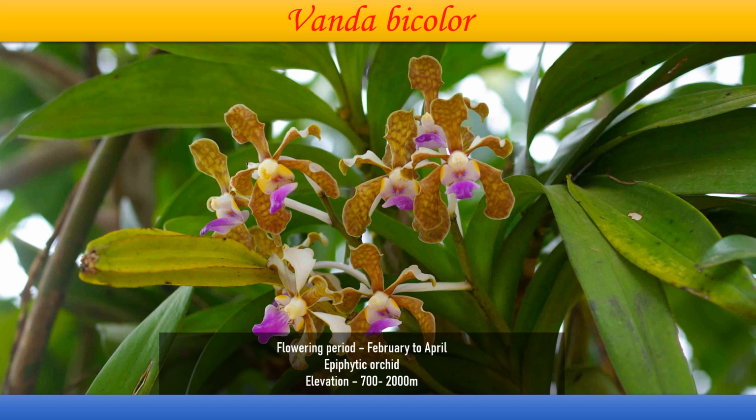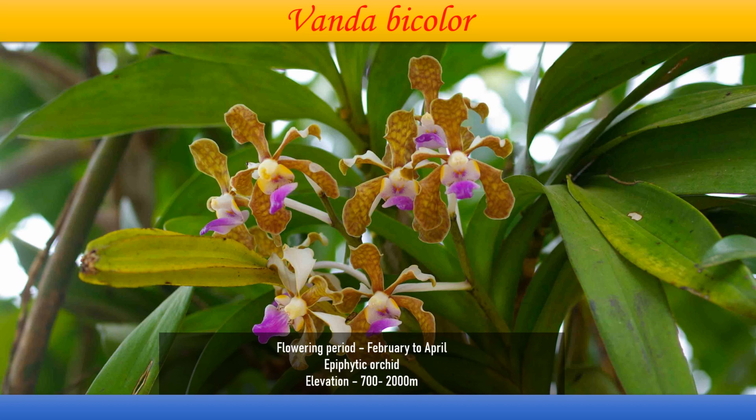The violet is externally protruding outside, so here you can see it visibly. And the lip is violet and gold, and the spur is almost white. So these are some of the characteristics of Vanda bicolor.